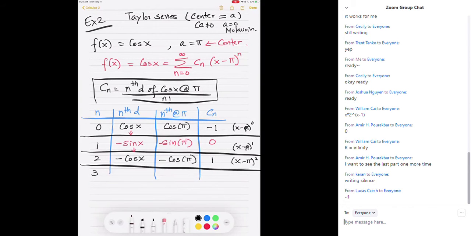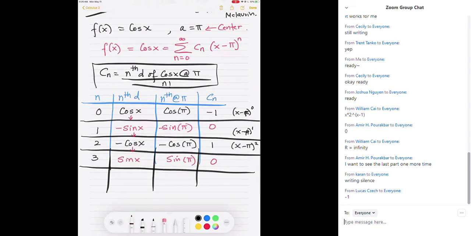So I'm going to go one more. Oh, it's just going to be 0 and then back to negative. There we go, sir. So this is going to be sine x, sine of pi, which is 0. Now we go to 4.